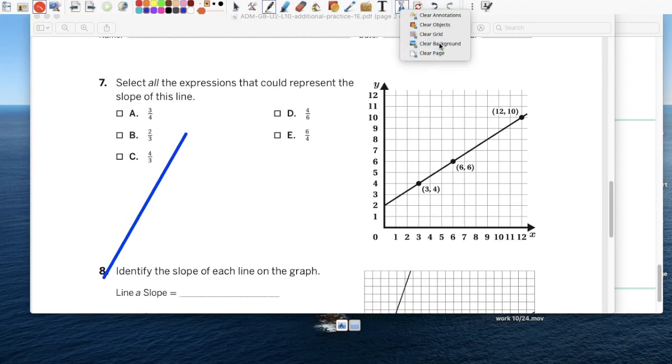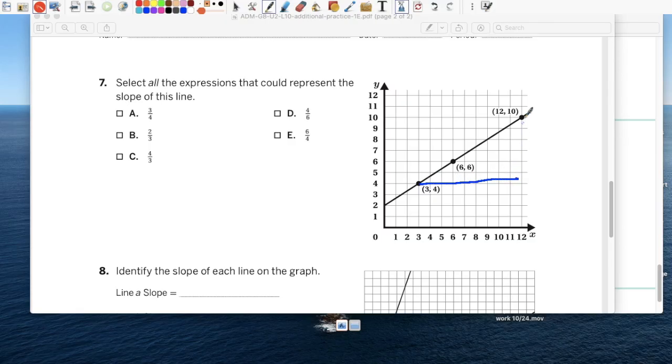Okay. Let's find the slope. Pick 2 points. I'm gonna pick this point and this point for my triangle. Now I gotta do this count. So 1, 2, 3, 4, 5, 6. So the height's 6. This one is 1, 2, 3, 4, 5, 6, 7, 8, 9.